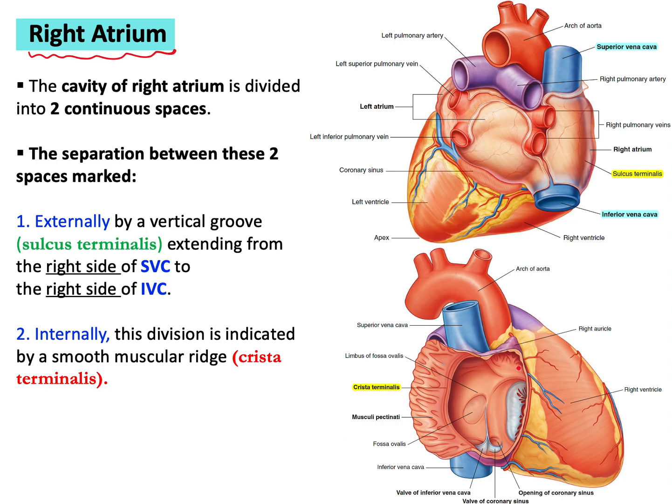This is the right atrium, in which, it's opened in this case, and there is a ridge here. But before talking about this ridge, let us look at the right atrium from the back.